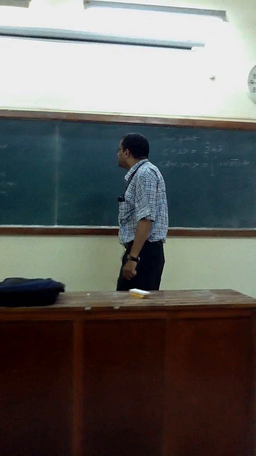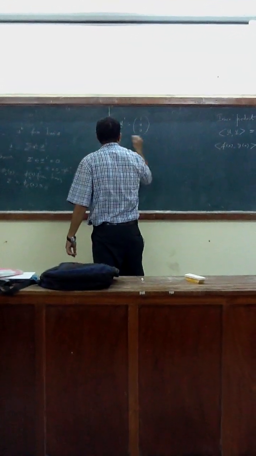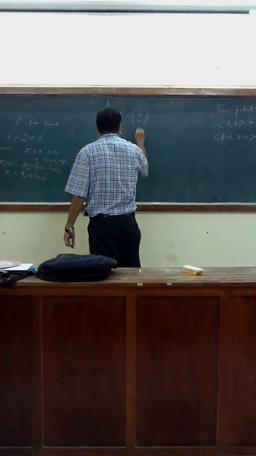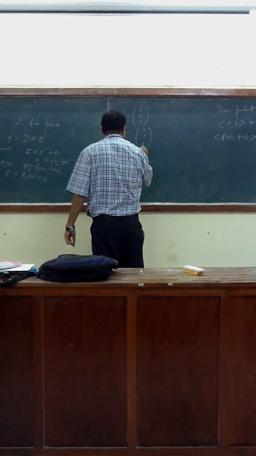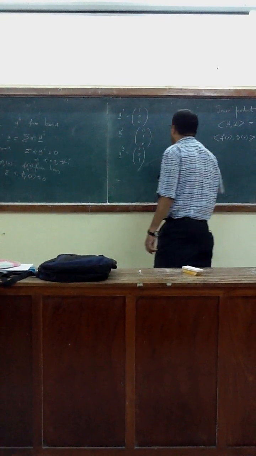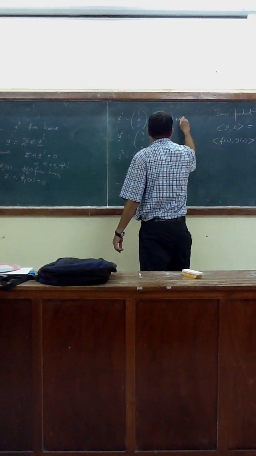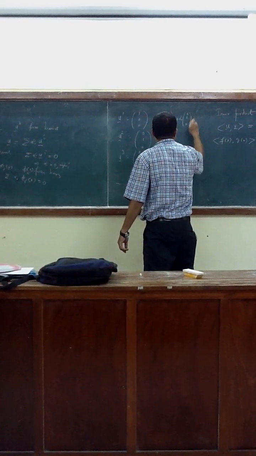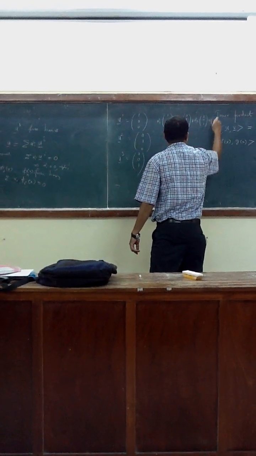In vector space, your basis was the simple basis 1, 0, 0; 0, 1, 0; 0, 0, 1. How to get alpha 1, alpha 2 and alpha 3? You equate alpha 1 (1, 0, 0) plus alpha 2 (0, 1, 0) plus alpha 3 (0, 0, 1) equals 0.